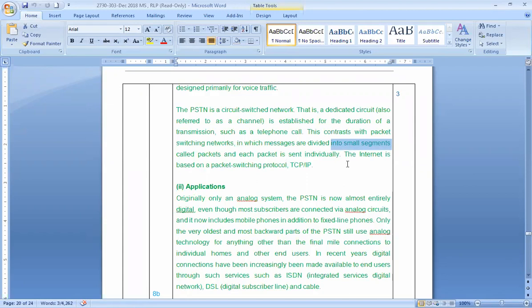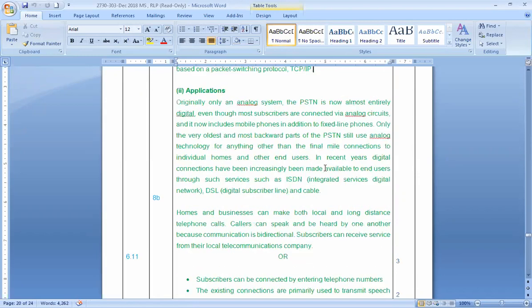The internet is based on this switching protocol. Last time I showed you how these packets were sent and received: 4 sent, 0 lost. All these are in the form of packets, and it comes under the concept of TCP/IP, which is Transmission Control Protocol.